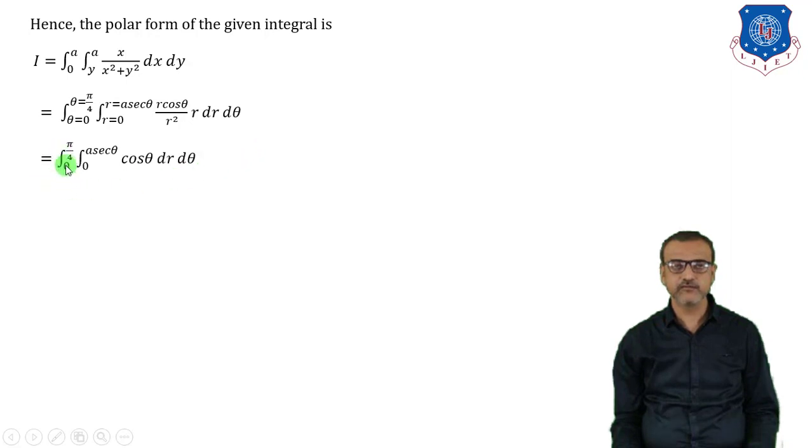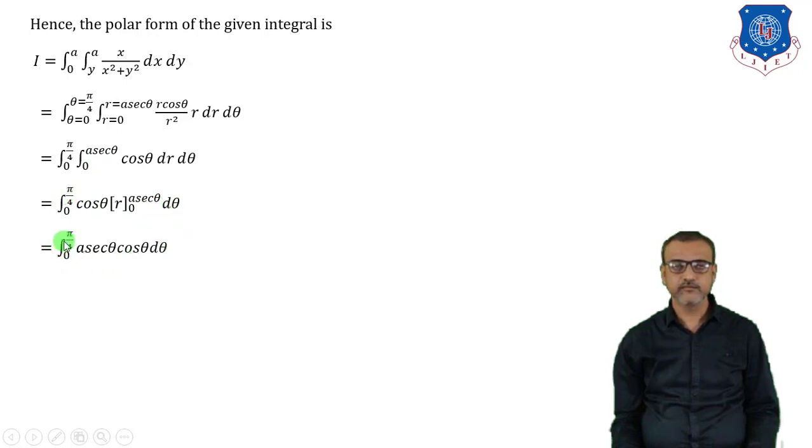So this is equal to integration from 0 to pi by 4, integration from 0 to a sec theta, cos theta, dr, d theta. So first of all we will find the integration with respect to r, then with respect to theta. So this is equal to integration from 0 to pi by 4, cos theta is constant, and integration of 1 with respect to r, that is r, and the limit is from 0 to a sec theta, d theta.